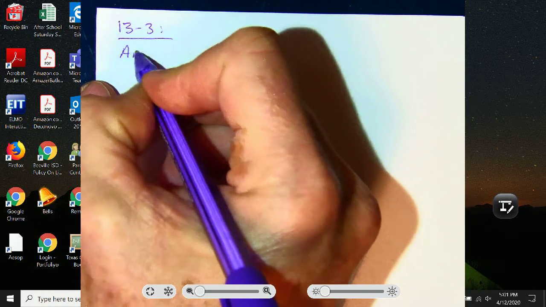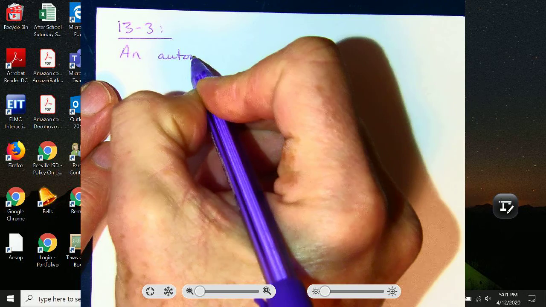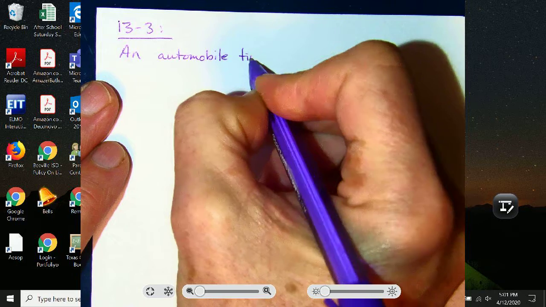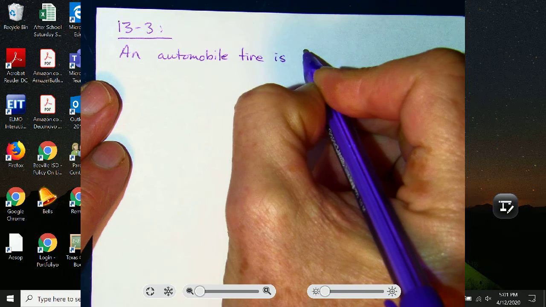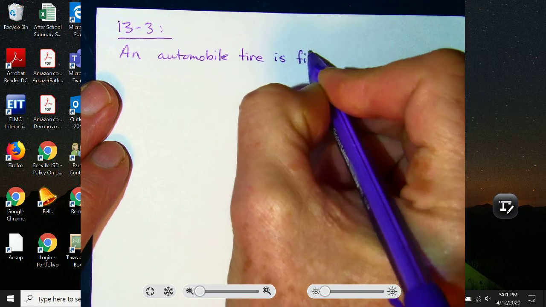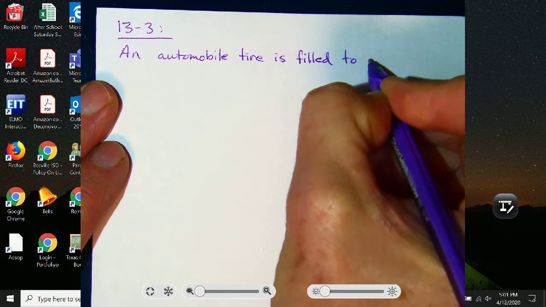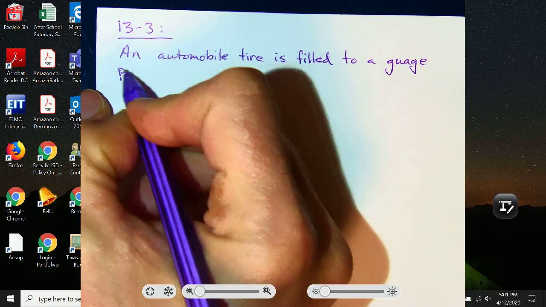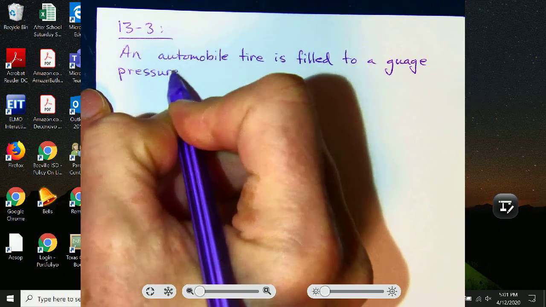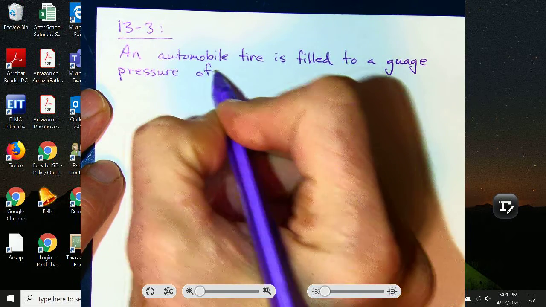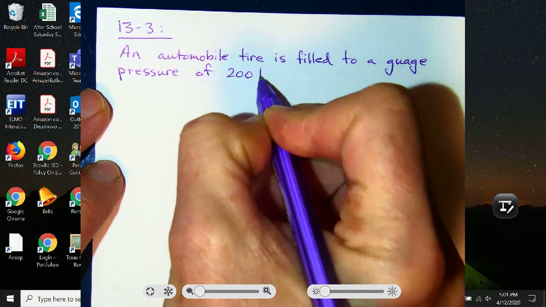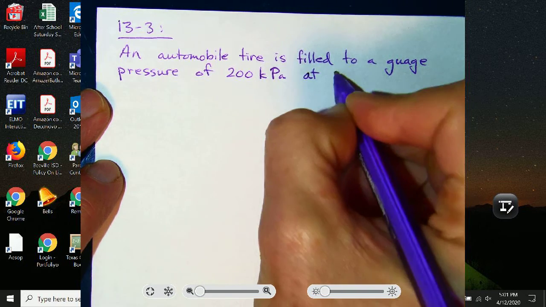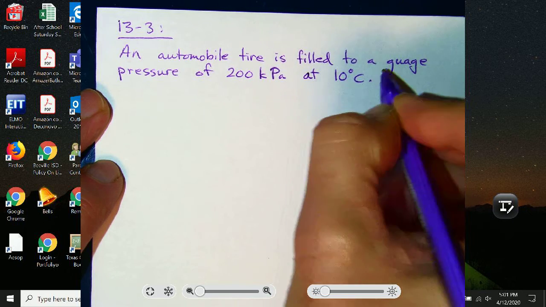An automobile tire is filled to a gauge pressure of 200 kilopascals at 10 degrees Celsius.